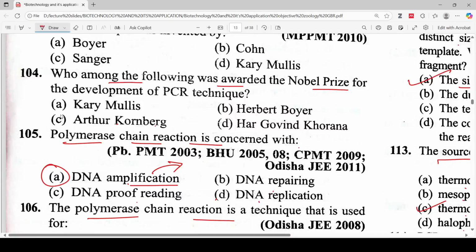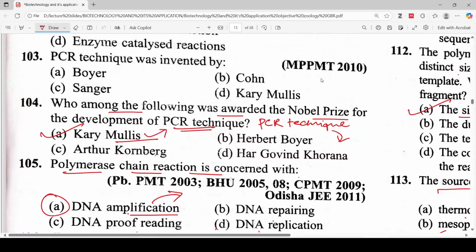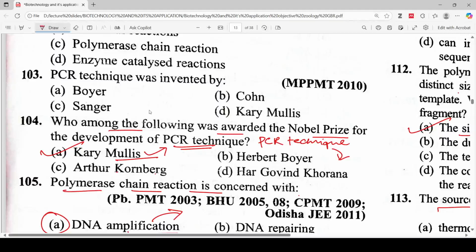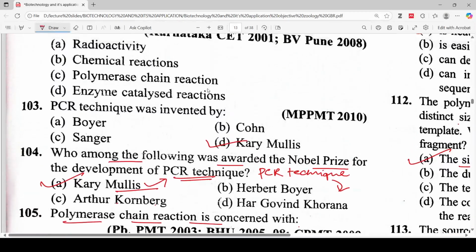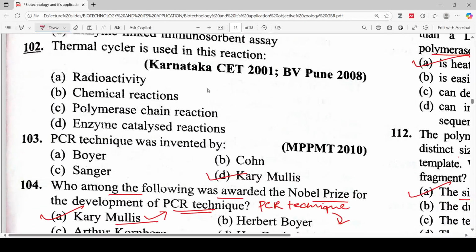So Carey Mullis is the discoverer of PCR technique, and he won the Nobel Prize for his discovery. The PCR technique was invented by, again the same question, Carey Mullis.